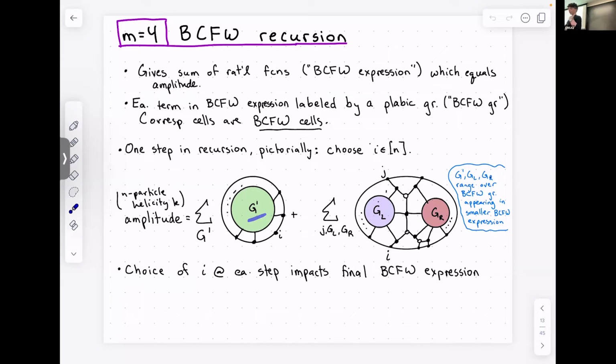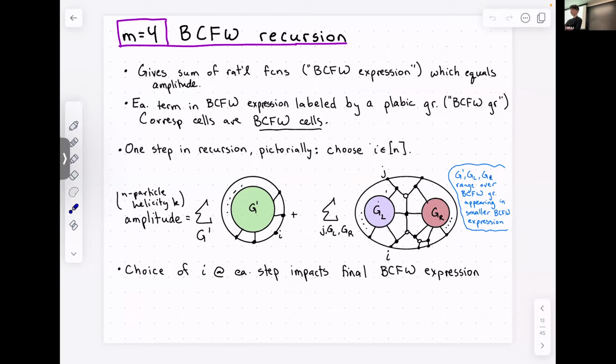So my G prime is running over some smaller BCFW expression. And over here in this sum, I'm summing over a second choice of index j, and again, these smaller graphs, G_L and G_R, are running over terms in a smaller BCFW expression.